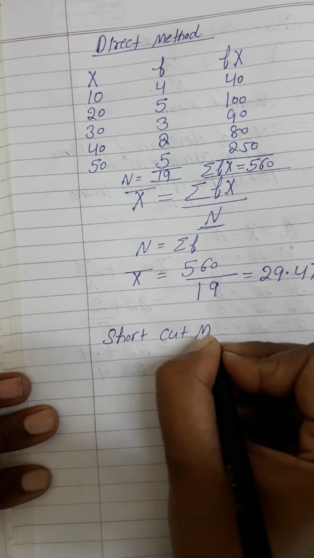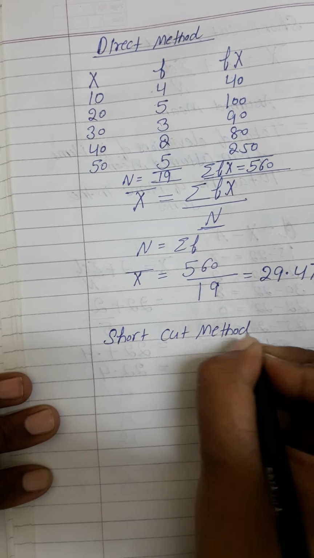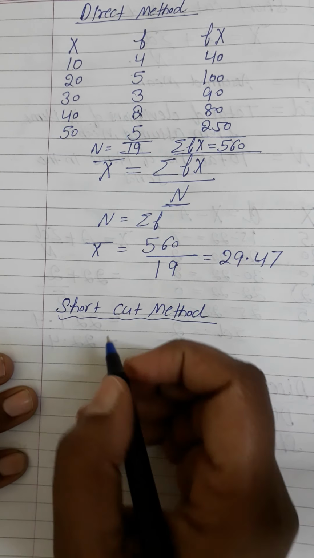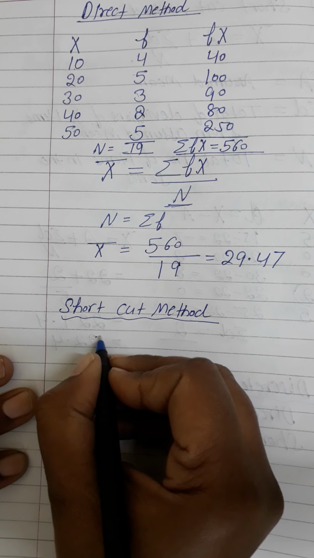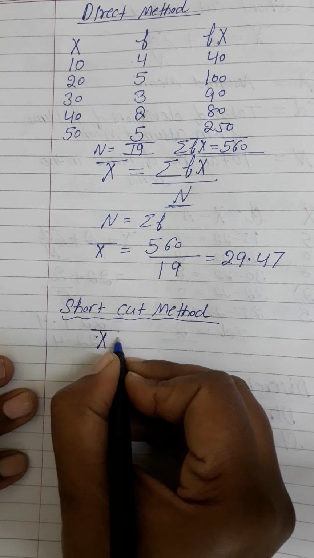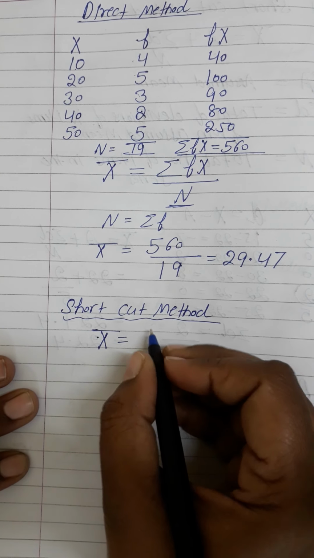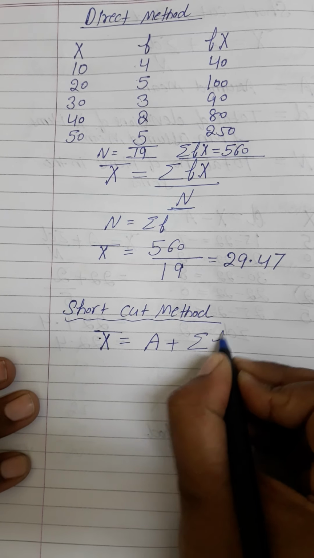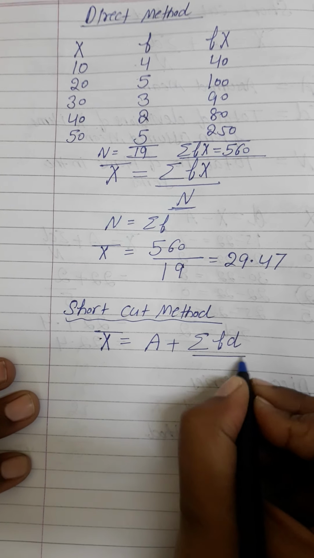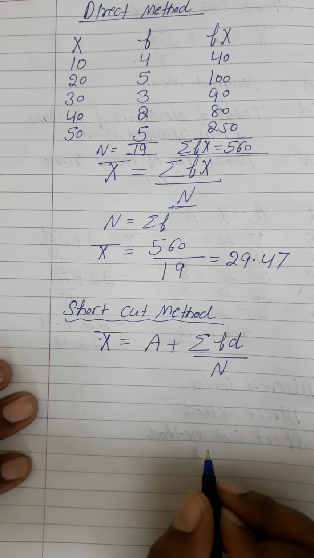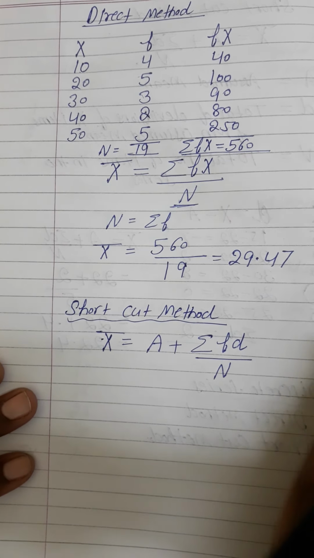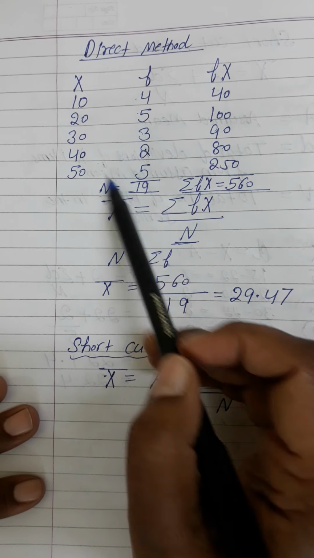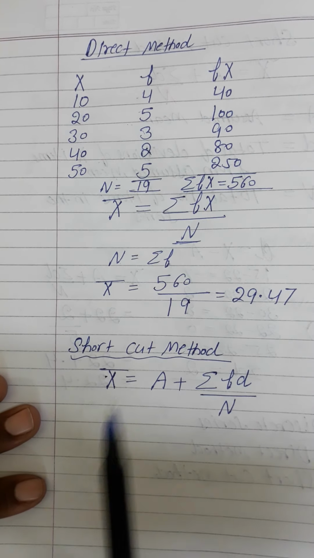Now we will study shortcut method. The formula of shortcut method in discrete series is x bar arithmetic mean is equal to a plus summation fd divided by n. Suppose we will solve this question by shortcut method.